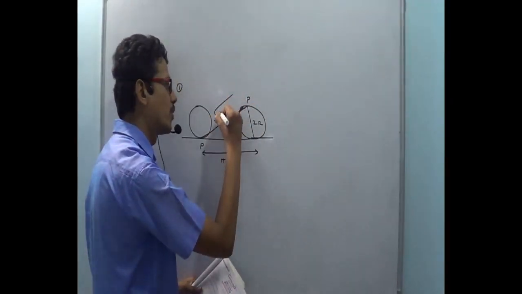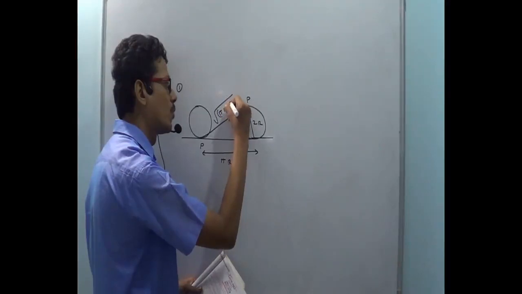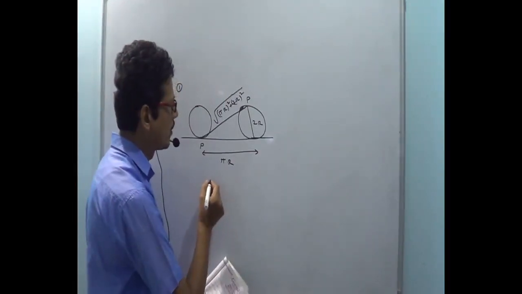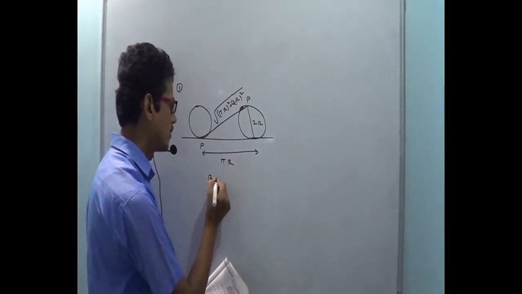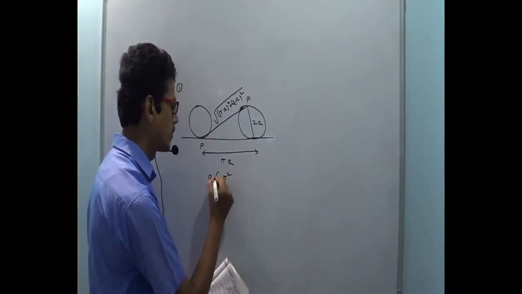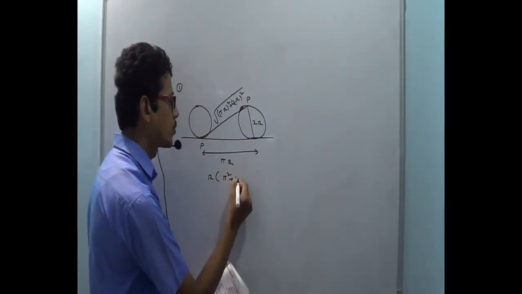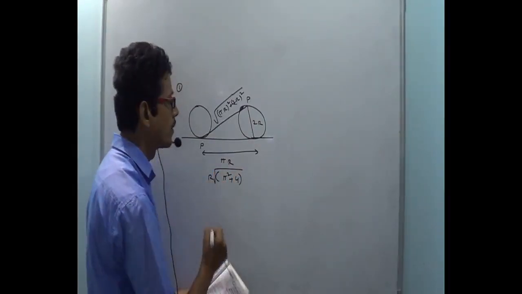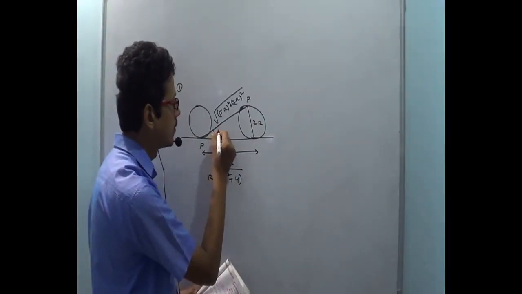Displacement is nothing but root of (pi r) whole square plus (2r) whole square. So you take r as common, and then the answer is r times root of pi square plus 2 square, which is 4. That is the answer, okay? And what is the angle here?